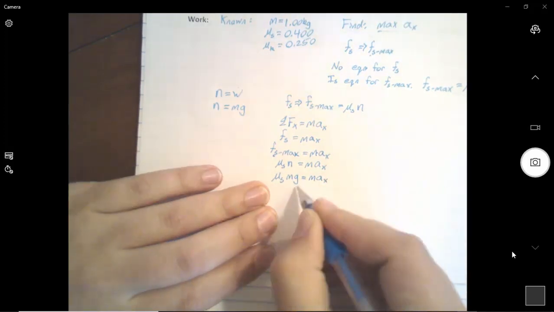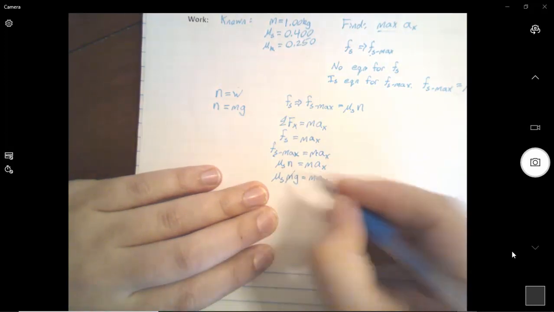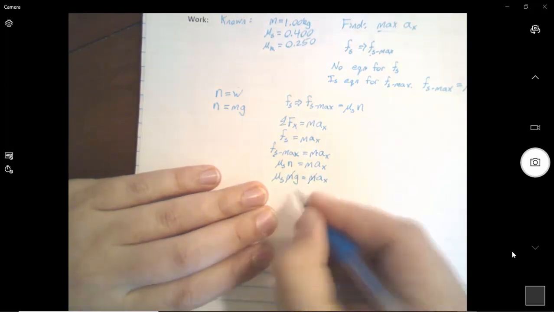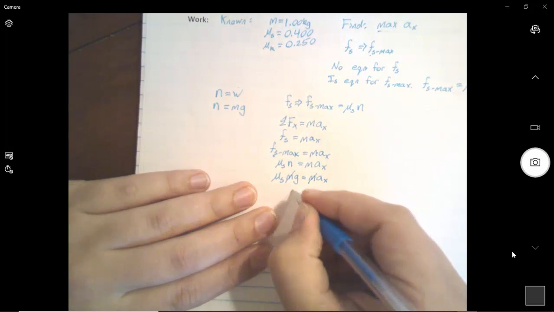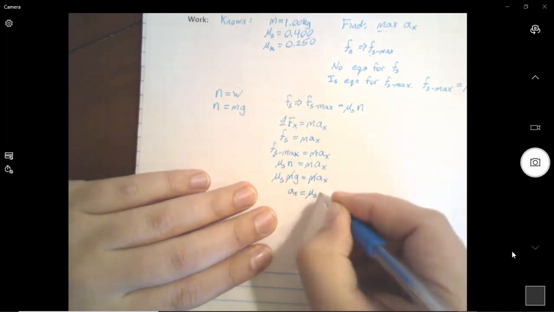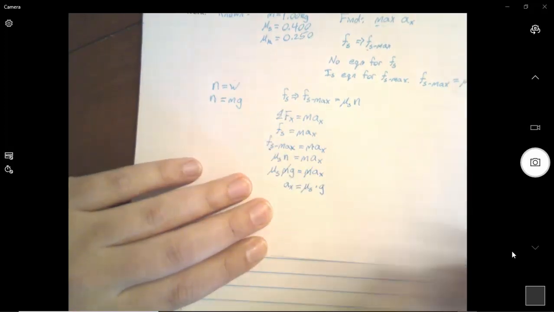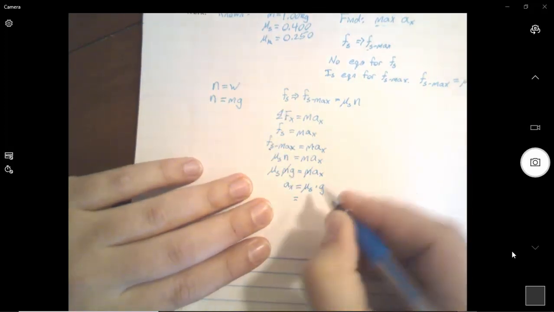And look what we discovered here. The mass doesn't actually matter at all. The maximum acceleration that you can get is just mu s times g. And we can calculate that value.